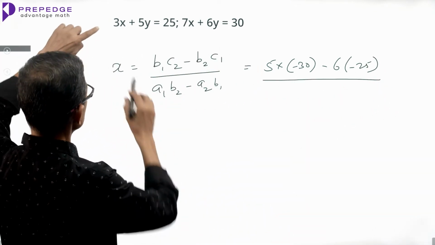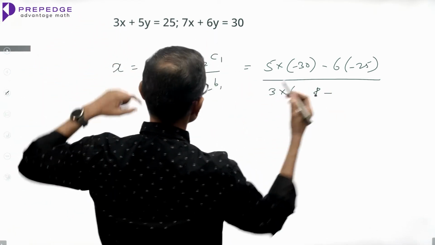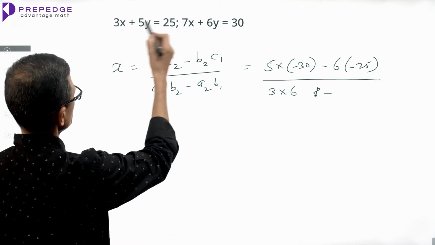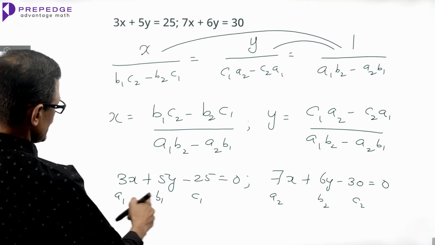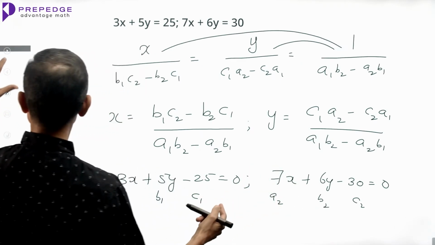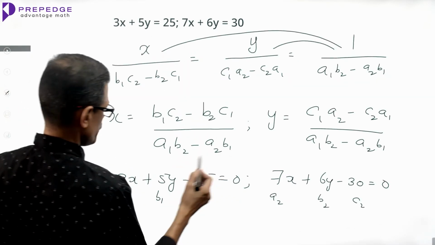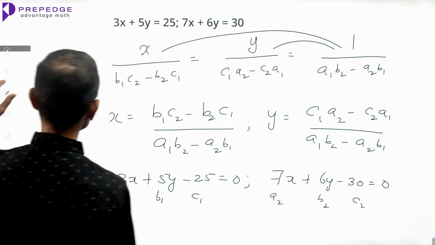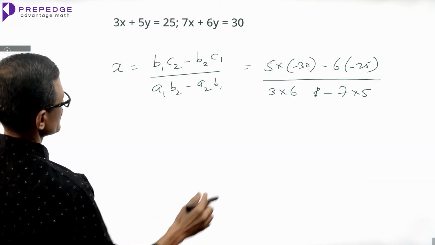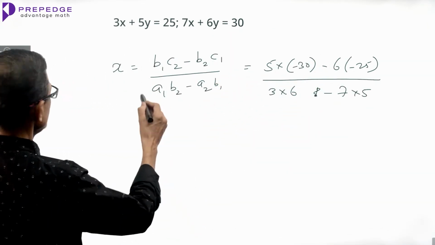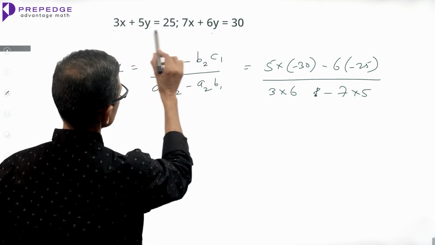Denominator is a1 b2, which is 3 into 6, minus a2 into b1, a2 is 7, b1 is 5, 7 into 5, right. ஒரு தடவை இங்கேயும் போய் பார்த்துடலாம். We have essentially b1 c2, 5 into minus 30, minus b2 into c1, b2 is 6 into minus 25, right. Got that perfectly in place. a1 b2, 3 into 6. a2 b1, 5 into 7, right?